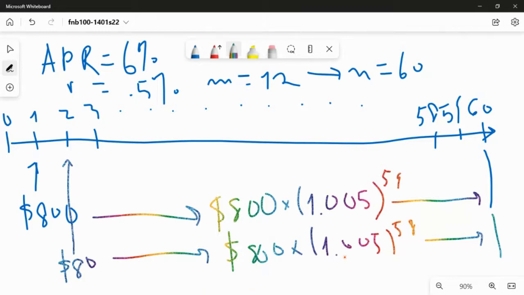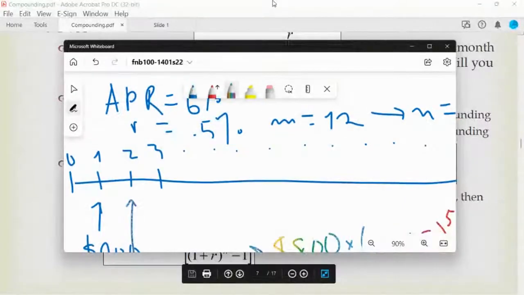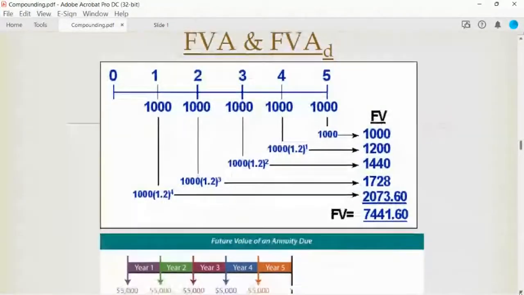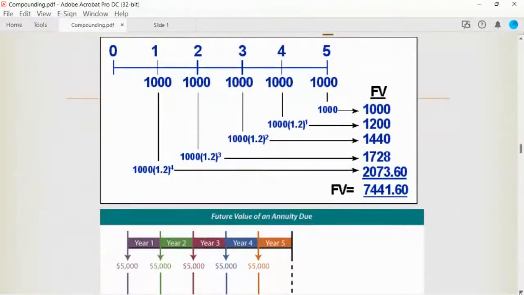Now, there's absolutely no way we can do this for all these 60 payments or deposits, because it's a tedious job to do it like this. So let me show you a smaller scale example.